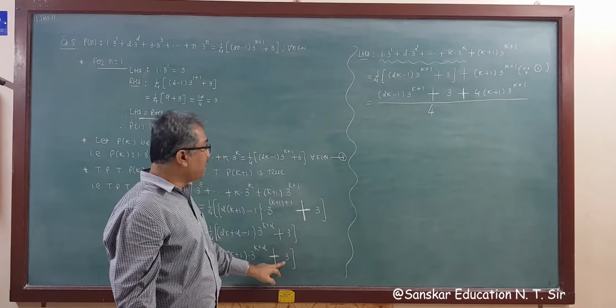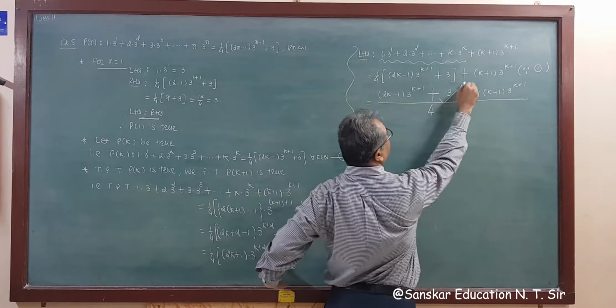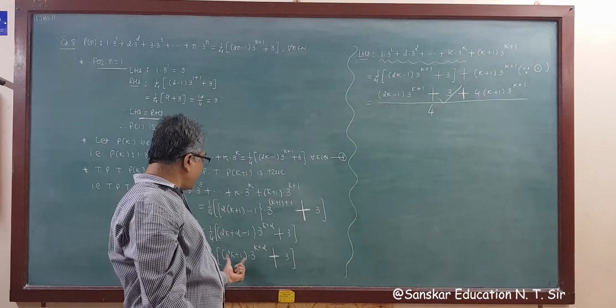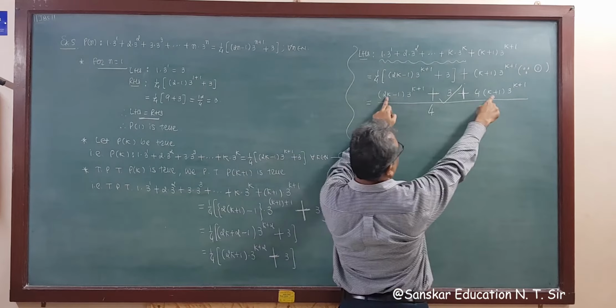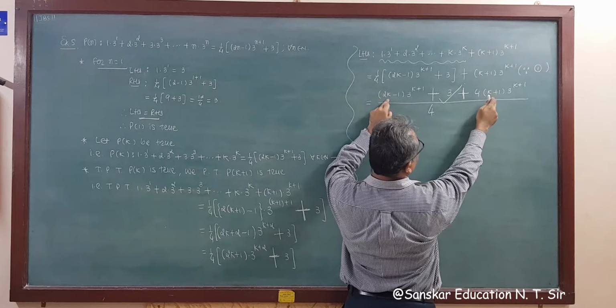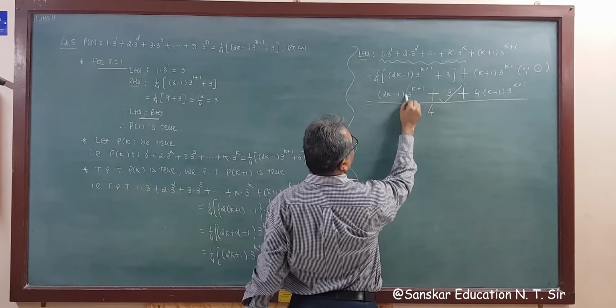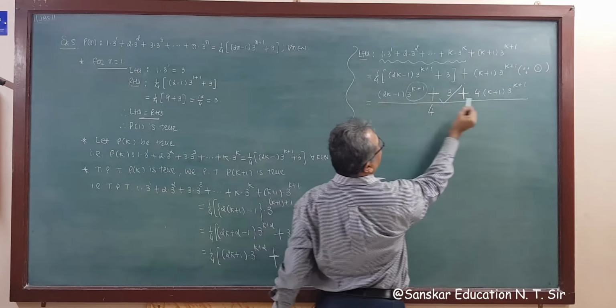Now you need plus 3, so plus 3 is here, so you have to simplify these two terms for getting this answer, right. So from these two terms, if we take 3 raised to k plus 1 common and then simplify, you will get your answer.